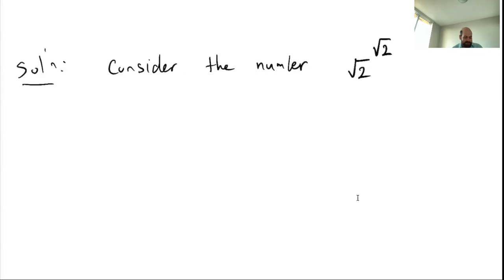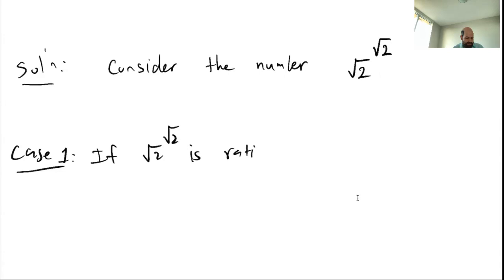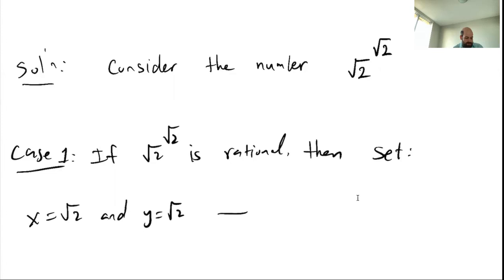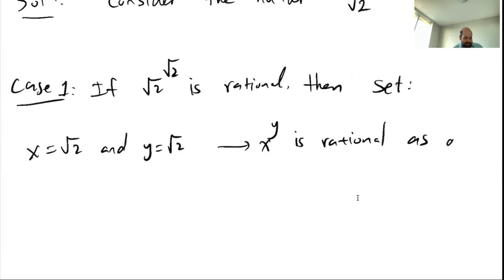So case one, or possibility one: if √2 to the power √2 is rational, then set x equals √2 and y equals √2, and then x to the power y is rational, as desired.